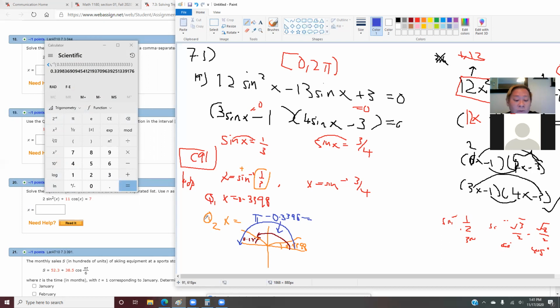So this is how you figure out quadrant 2. Every time, your calculator will give you quadrant 1. If you want to find quadrant 2, you take pi minus that number. For quadrant 3, you take pi plus that number. And for quadrant 4, it's 2 pi minus that number, because it's the whole circle, 2 pi minus that.